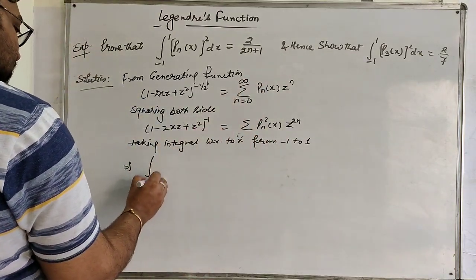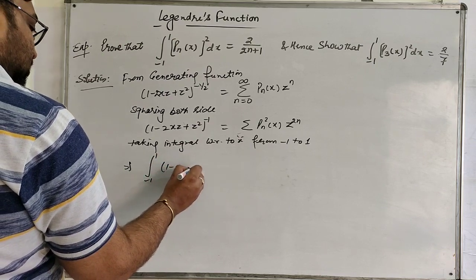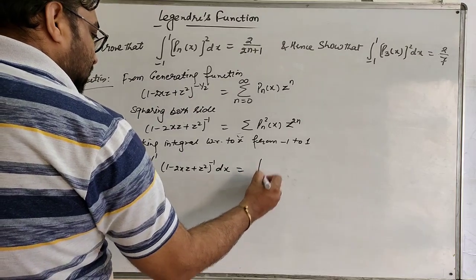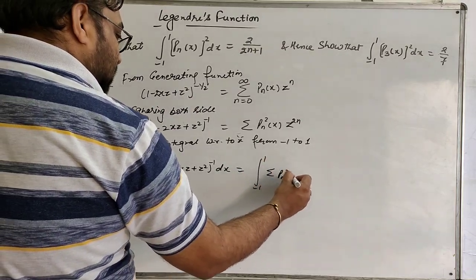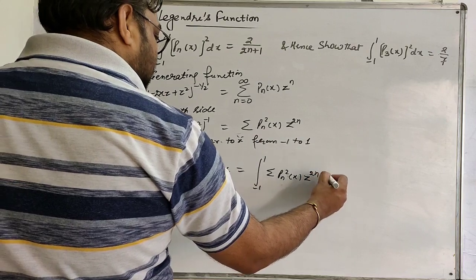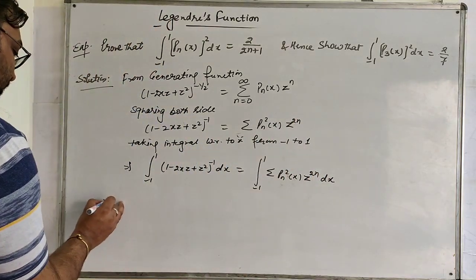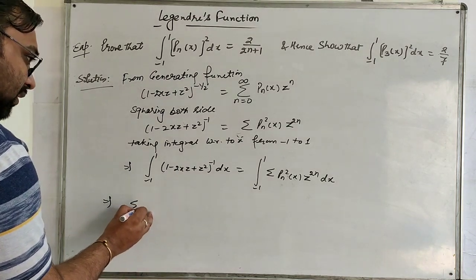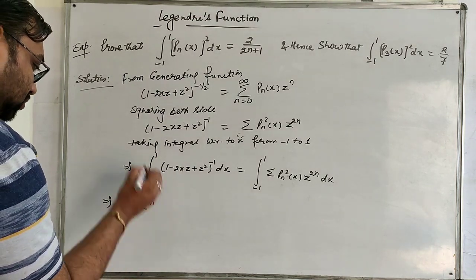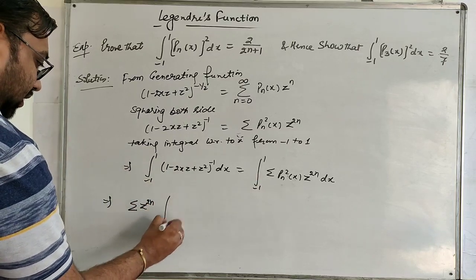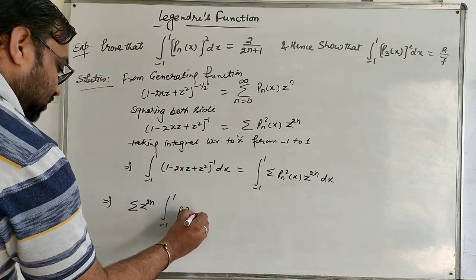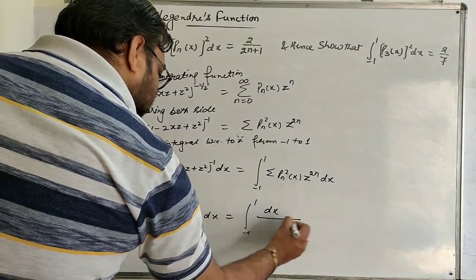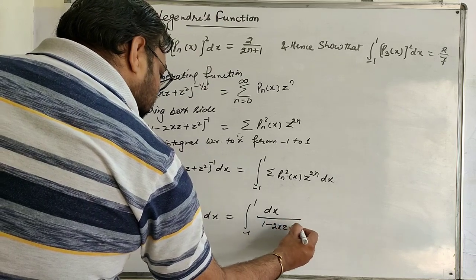So integral from minus 1 to 1 of (1 minus 2xz plus z square) raised to power minus 1 dx is equal to integral from minus 1 to 1 of sigma Pn square (x) z raised to power 2n dx, or we can write it as sigma z raised to power 2n outside the integral, and integral from minus 1 to 1 of Pn square (x) dx is equal to integral from minus 1 to 1 of dx upon 1 minus 2xz plus z square.